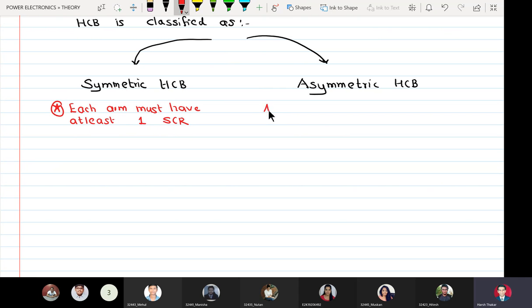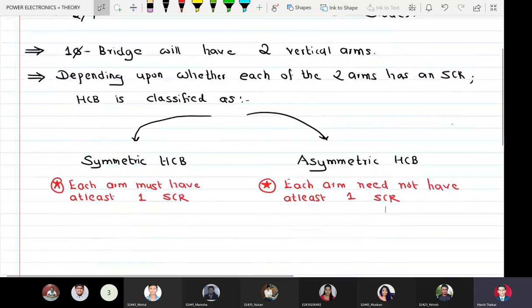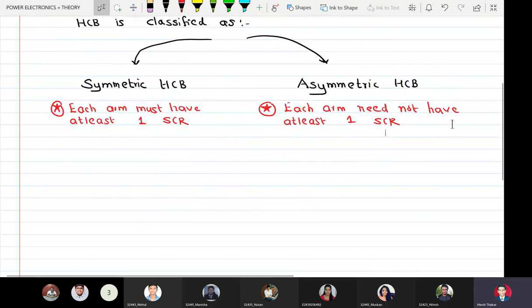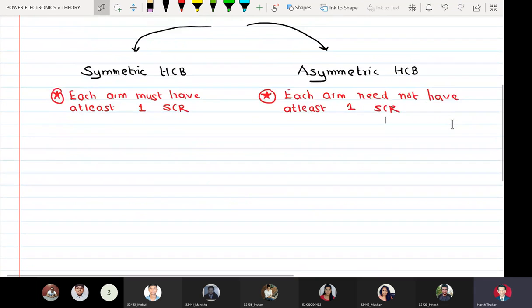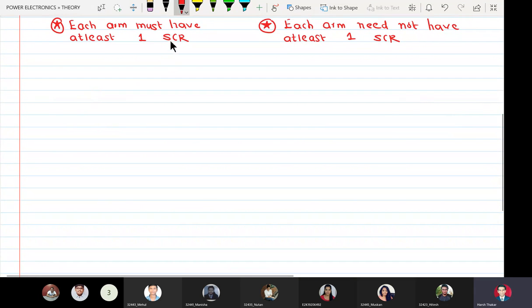And asymmetric means each arm need not have at least one SCR. Okay, so now we will draw all possible symmetric HCB configurations and asymmetric HCB configurations, right?